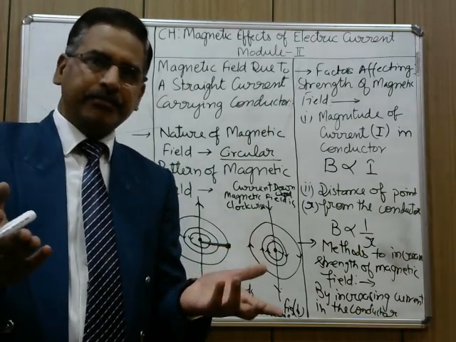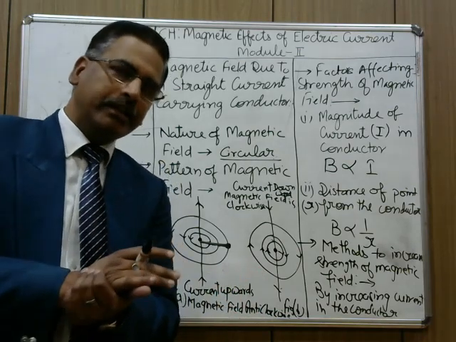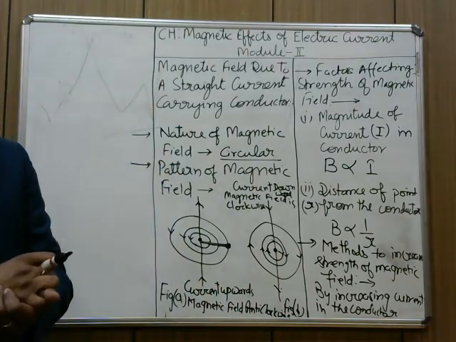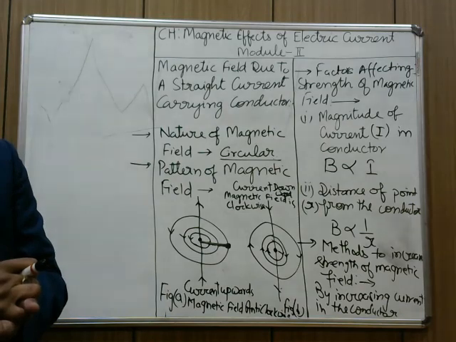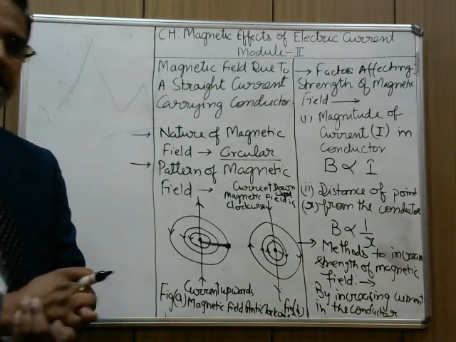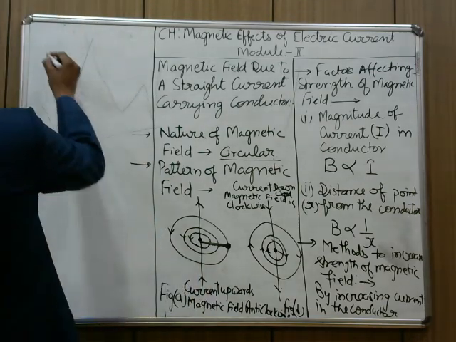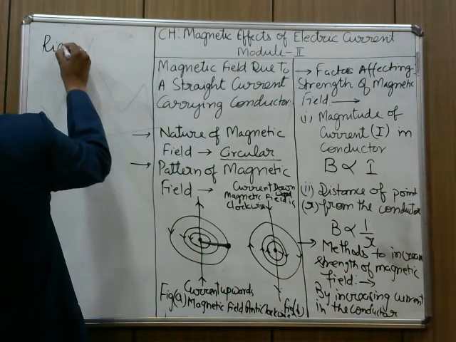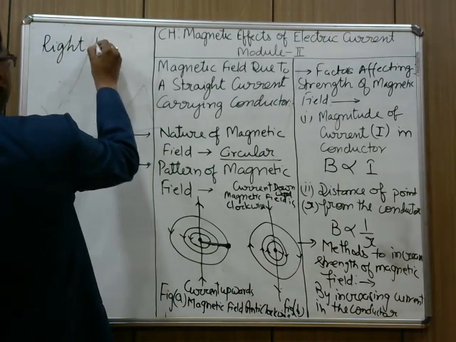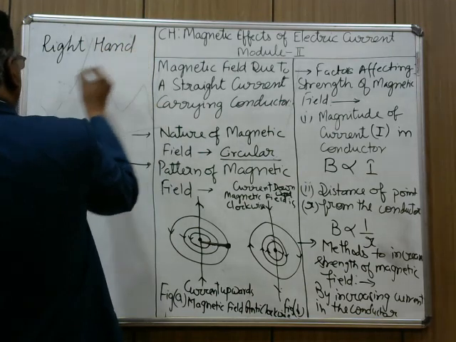So the answer is, the direction of magnetic field produced by a straight current carrying conductor is determined by the right hand thumb rule.